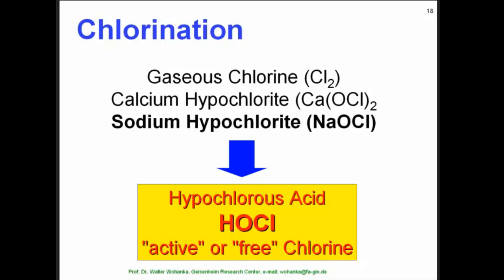All these chlorine chemicals react in water to form rapidly hypochlorous acid, the so-called active or free available chlorine. This is the chlorine form with the highest microbicidal activity. Talking about effective concentrations always has to consider this form of chlorine, speaking about active or free chlorine, or in chemical terms, hypochlorous acid.